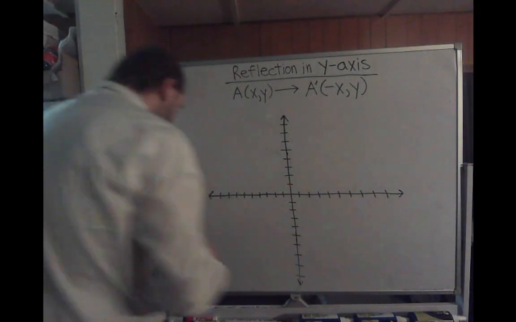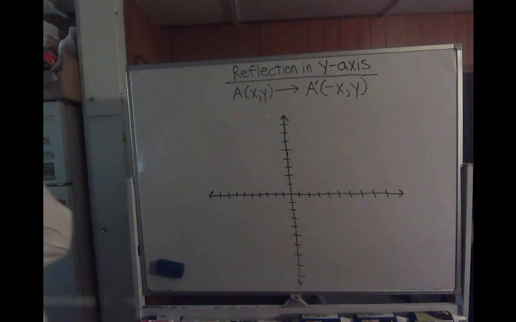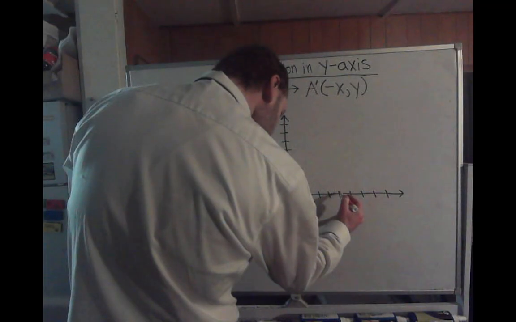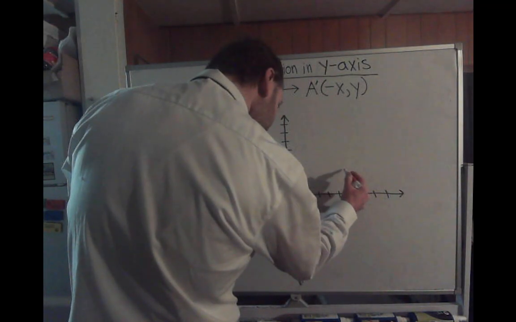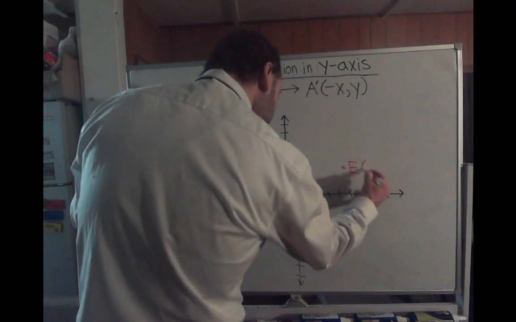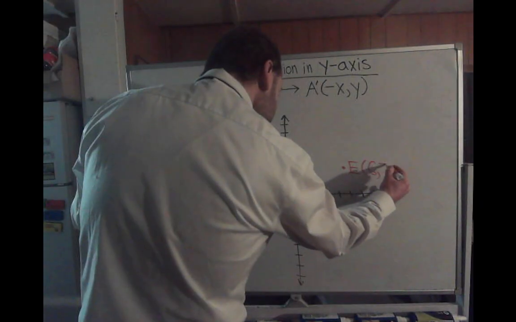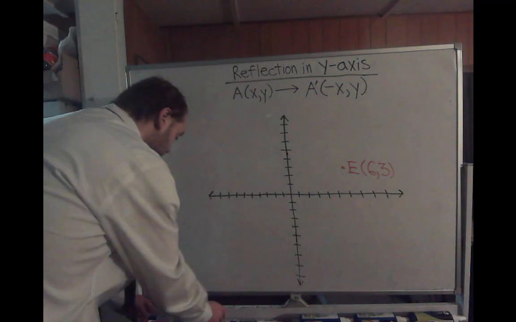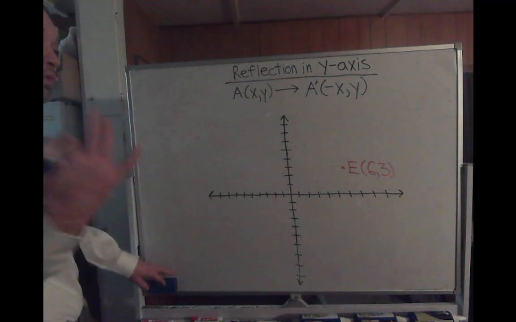All right, let's go for point E, which would be at 6, 3. So point E is located at the coordinate 6, 3. I want to find E prime by reflecting it in the y-axis.